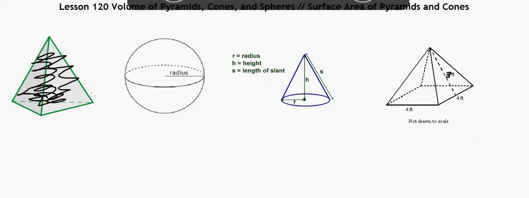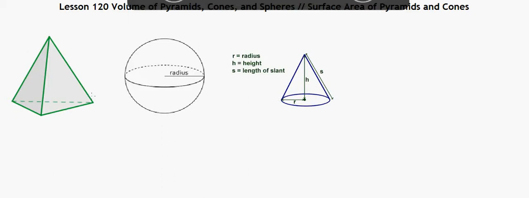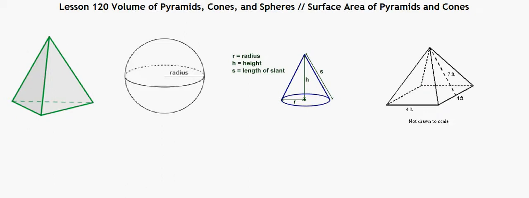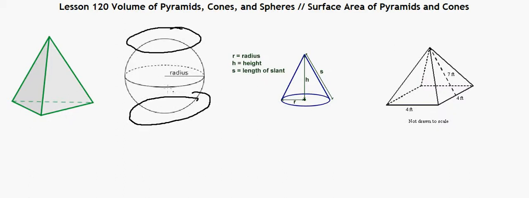Back it up. Same thing is going to be true with the sphere. Instead of trying to find the volume of a sphere, we just find the volume of a cylinder like so.